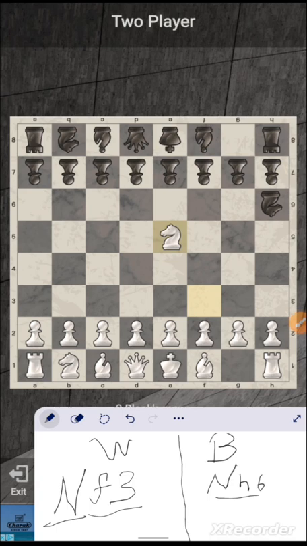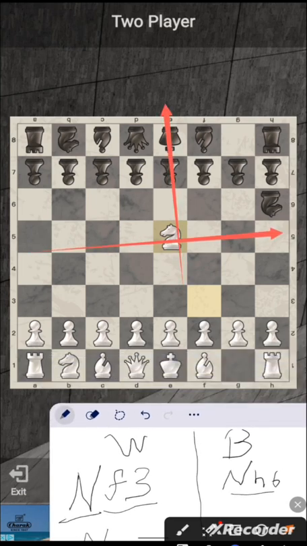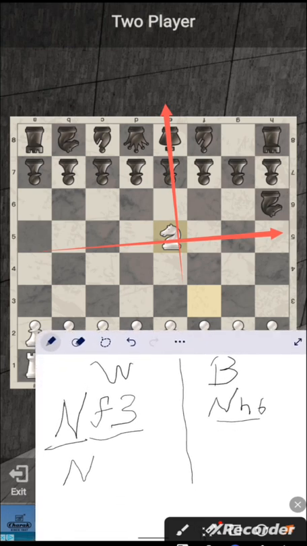Now suppose white moves his knight again. What will be the notation? It is on the E file, and the 5th rank.